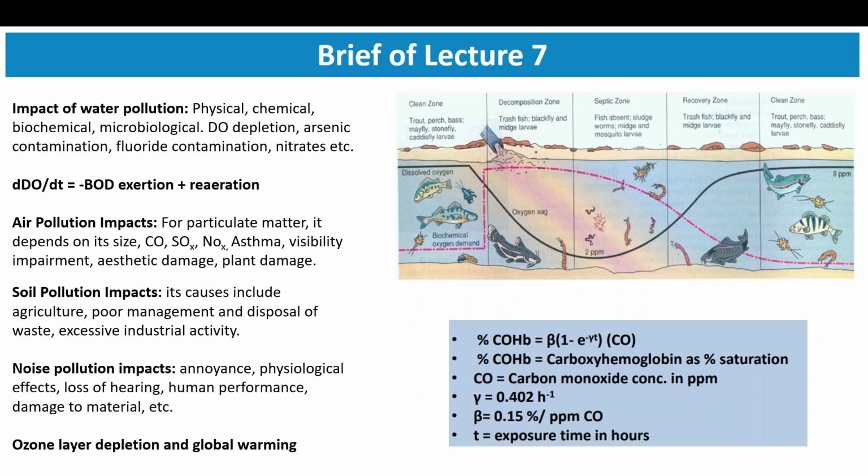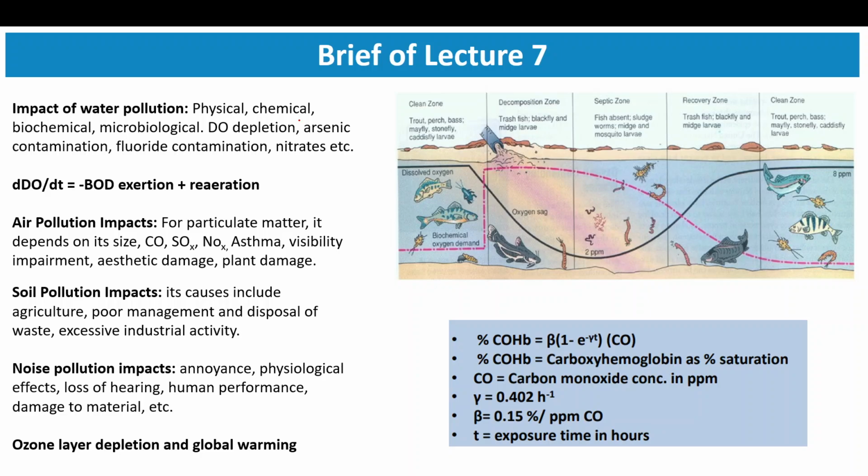Next, we will see, once the pollution enters, what could be the possible impacts of those pollutants. So first, if we talk about water pollution, as we have discussed earlier, there could be some physical, chemical, or microbiological pollution which can be there in water or which can cause pollution.